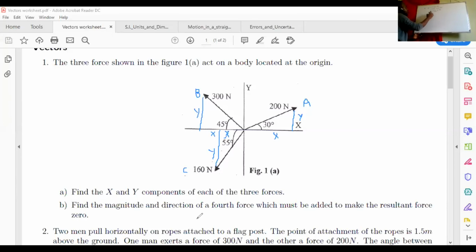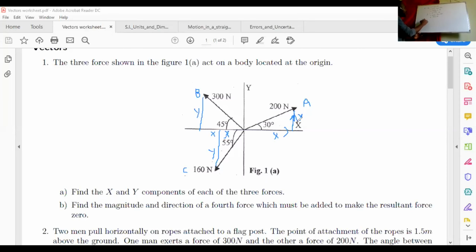Then the y component would be F sine theta, which is 200 sine 30, which is 100 newtons. That's for A. We notice both values are positive because the x component is going to the right and the y component is going up.